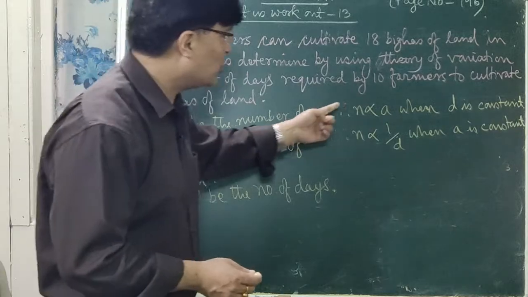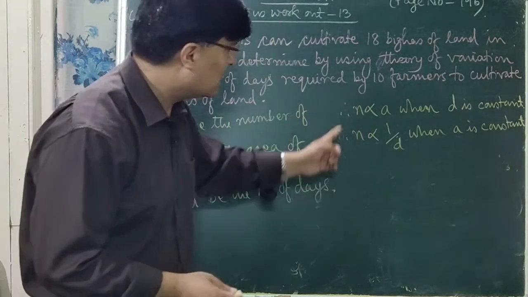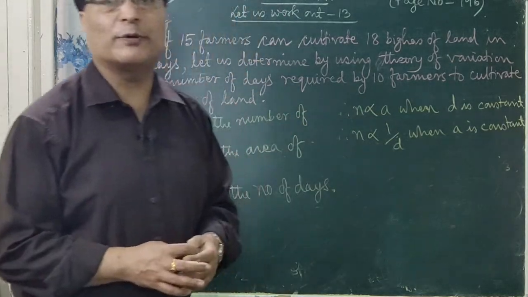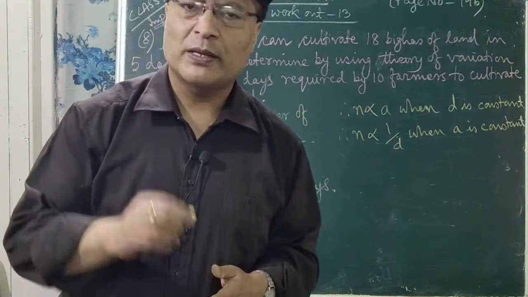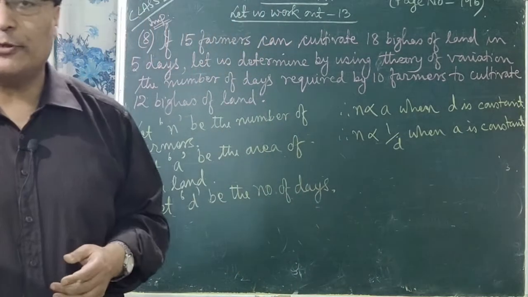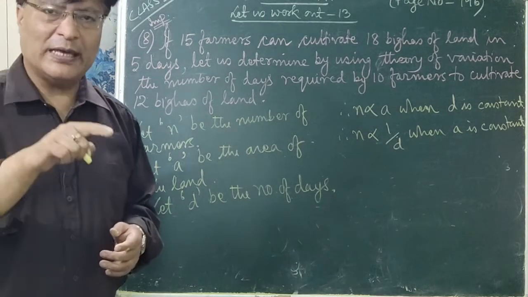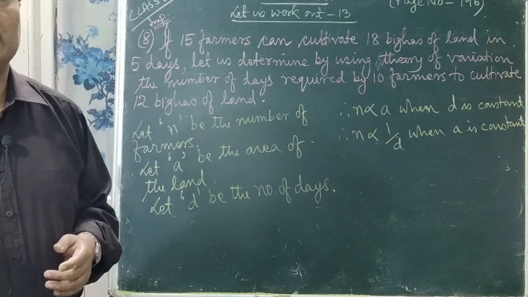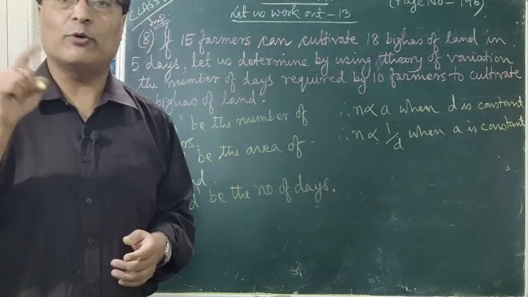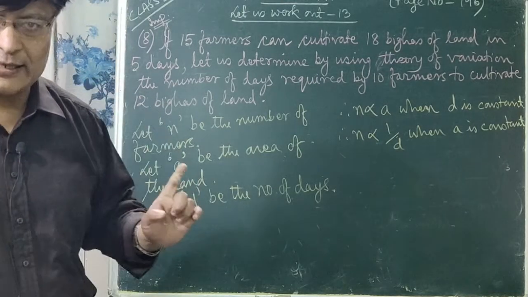Okay, so by theorem on joint variation we can write N proportional to A into 1 upon D. You know theorem on joint variation. If A is proportional to B when C is constant, and if A is proportional to C when B is constant, then A is proportional to BC jointly when both B and C vary. Is that clear to all of you?